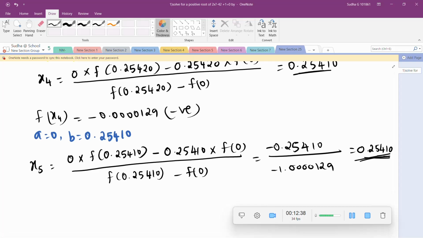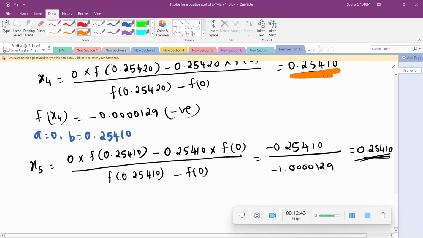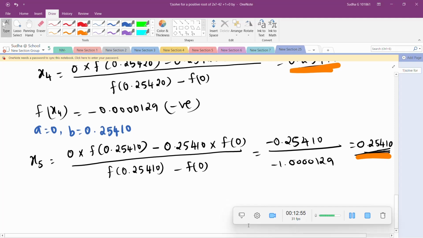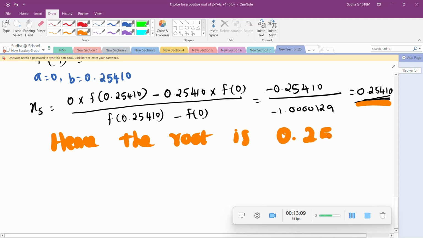So here x4 and x5 exact four decimals are repeated. So exact actually five decimals are repeated. Hence the root is 0.25410.